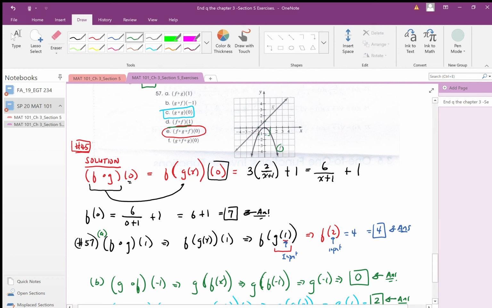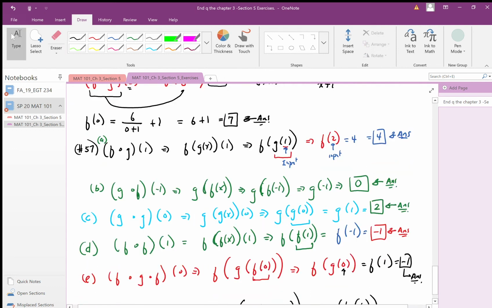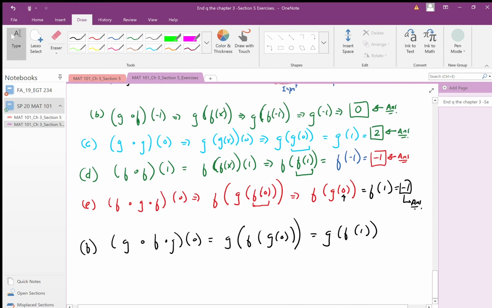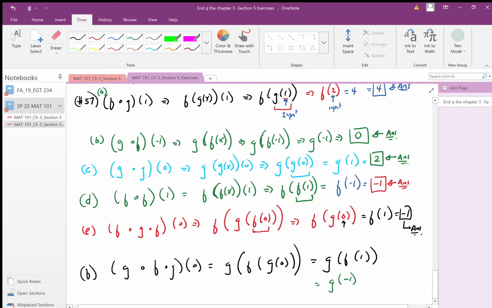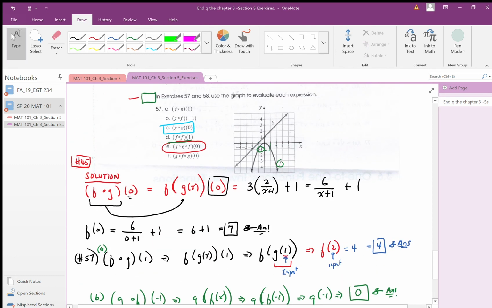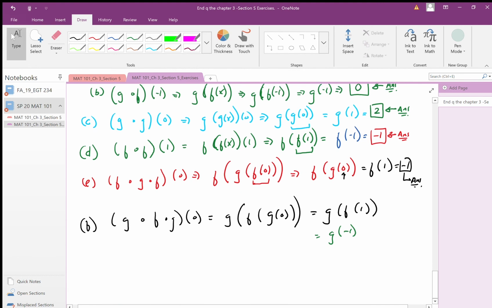I go over, I get a negative 1. Okay, so that gives me g of negative 1. So now my x value for the g graph, I'm looking for a negative 1, right? And now the corresponding y value is going to be 0. That's why this equals 0. And this is my answer here.